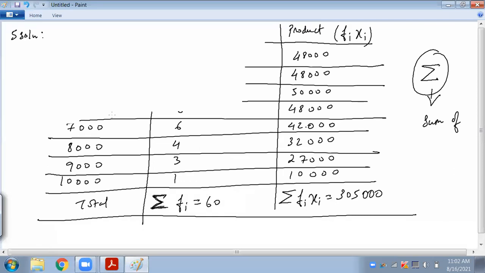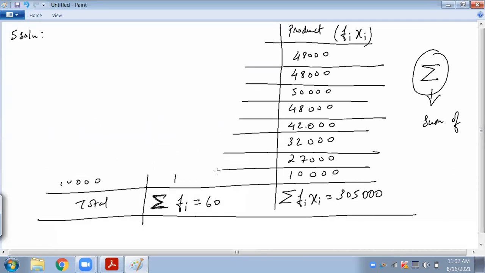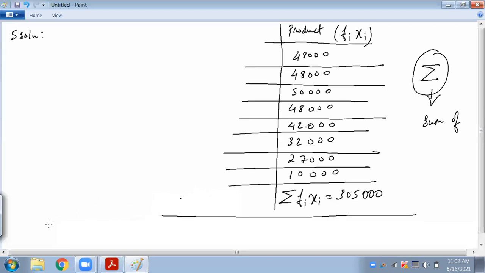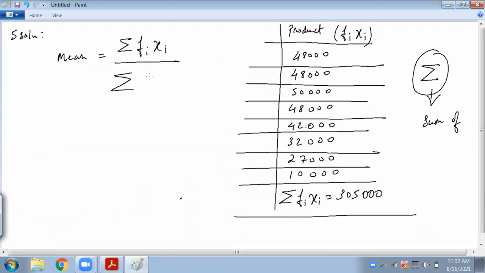Now, if there is a table, the formula will change. Once you find the product, the mean is given by, below the table you can write, mean equal to sum of Fi Xi divided by sum of Fi.